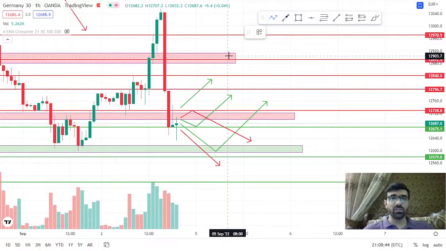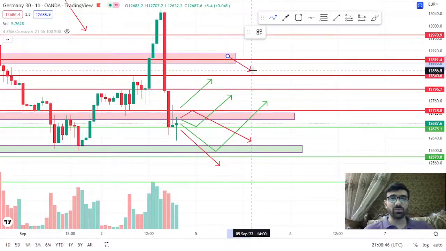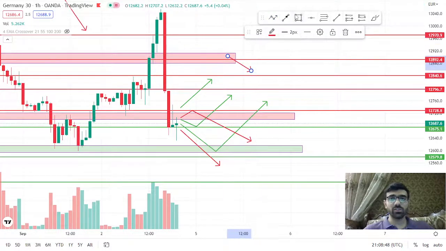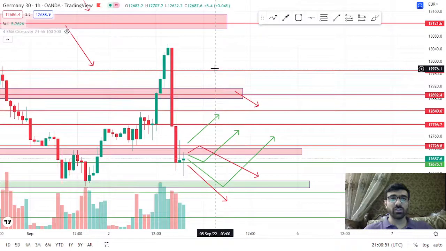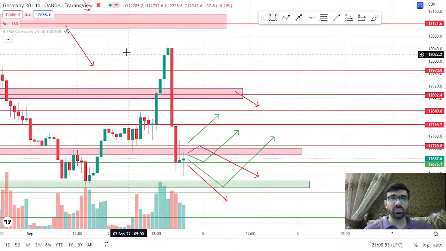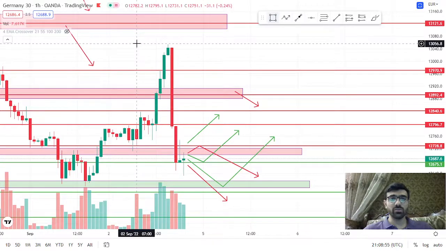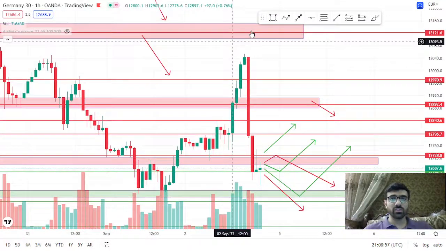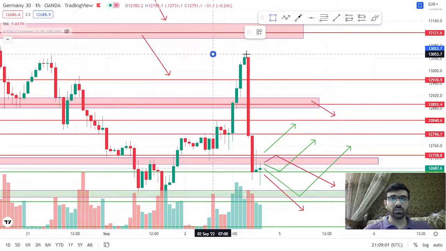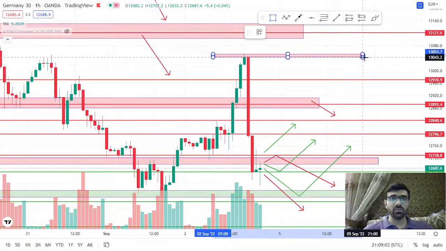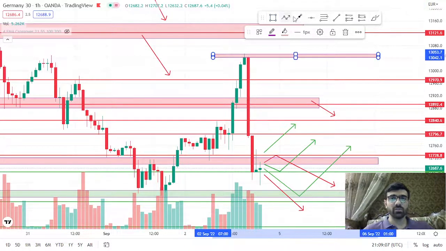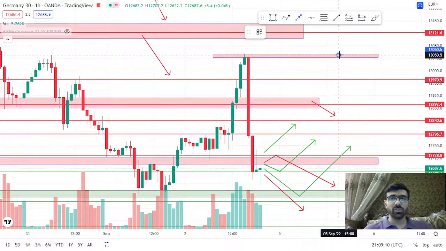Another selling scenario would be this area of short-term resistance, and now our area of swing higher resistance. Another new area which has been formed just now is this area. Okay, so if at any given point the market tests this area, then we can go short from this area as well.